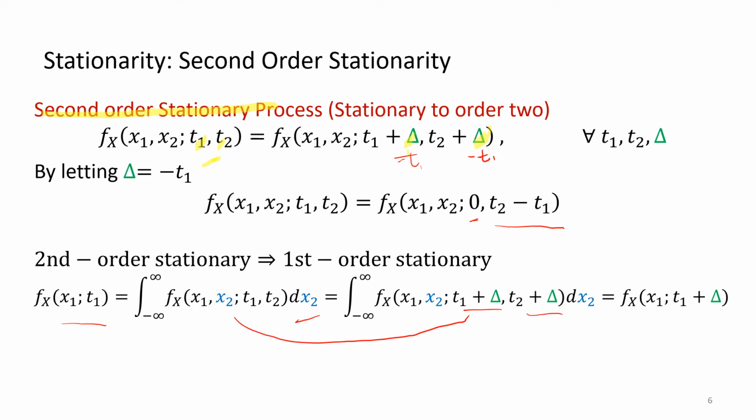This is nothing but the PDF of T1 plus delta. So if it's second order, it's going to be first order stationary.